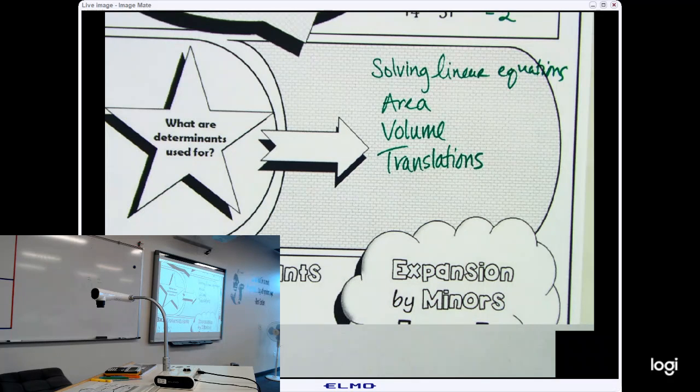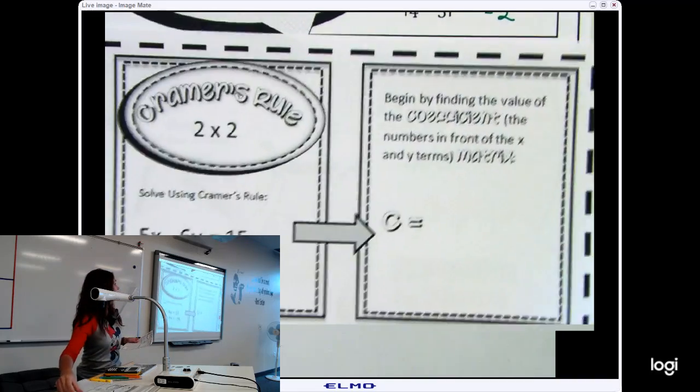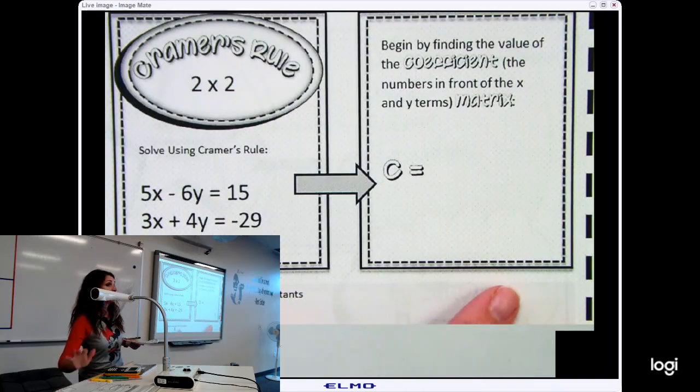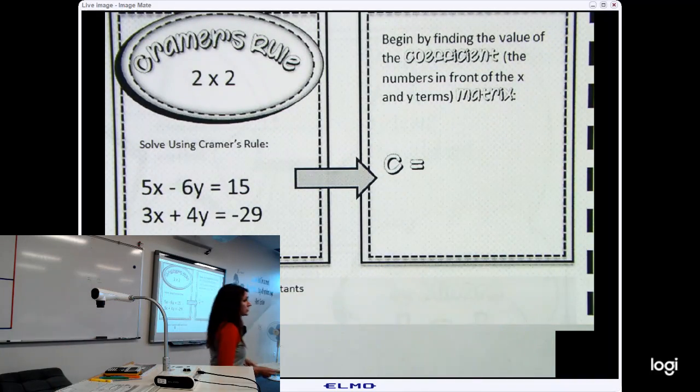I would rather use Cramer's rule than solving a system of equations by graphing or substitution or elimination. This is my favorite way. Like I said, depending on the numbers, I can do this in my head.